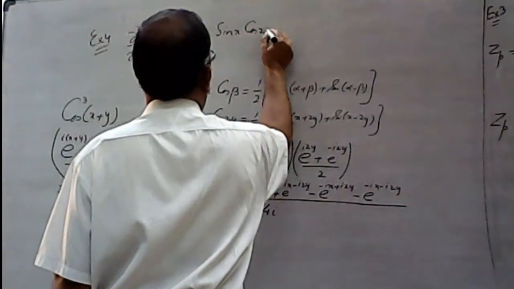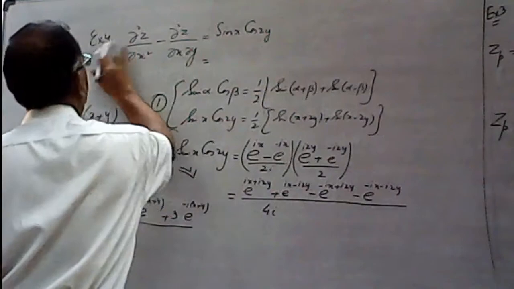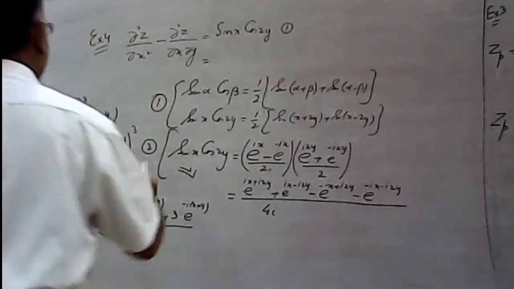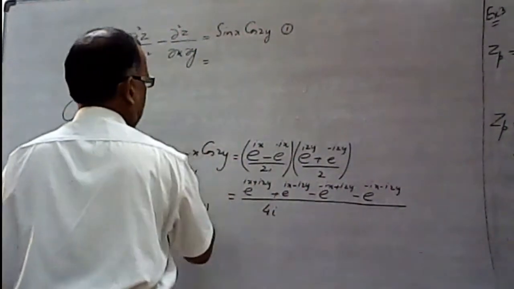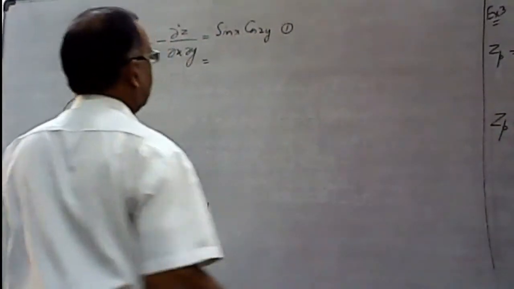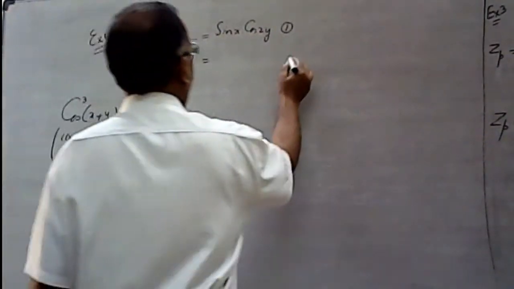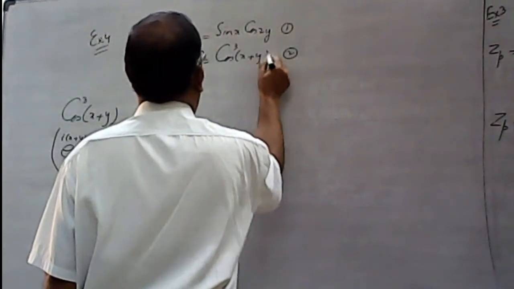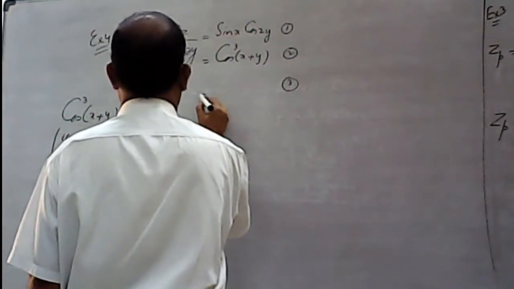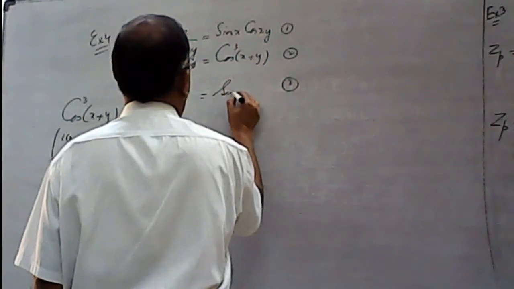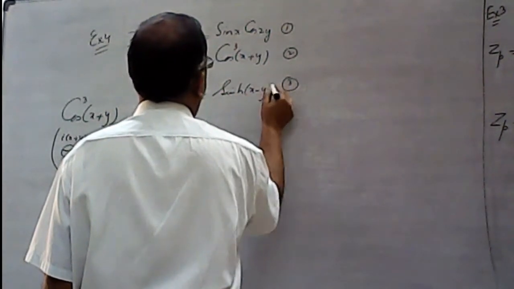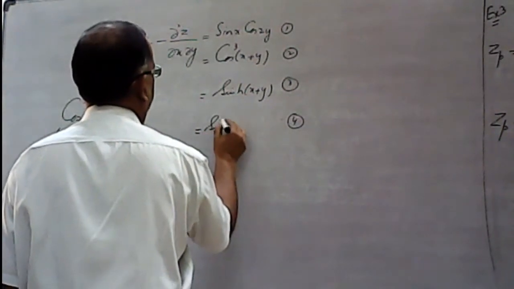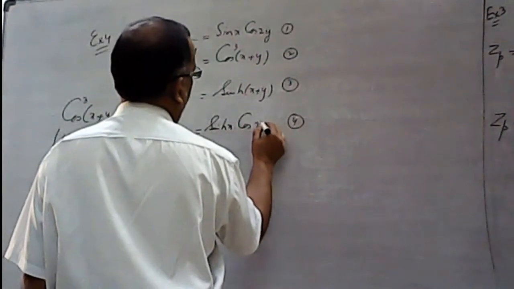Number 1 is sin x cos 2y. In the second scenario, replace the right hand side with cos³(x+y). In the third scenario, replace it with sinh(x+y). In the fourth scenario, replace it with sinh x cos y.